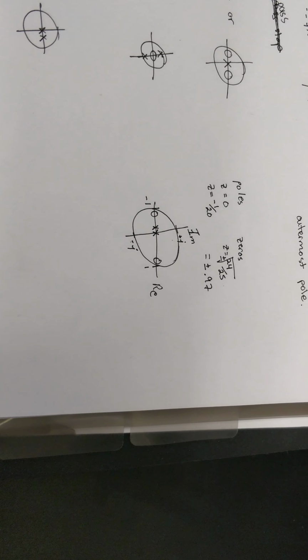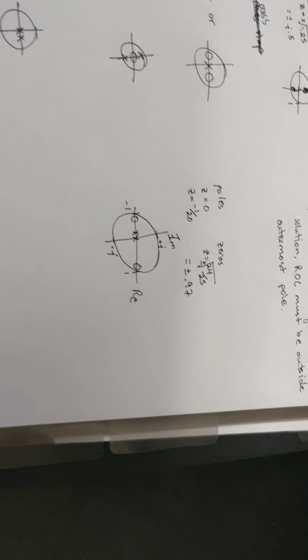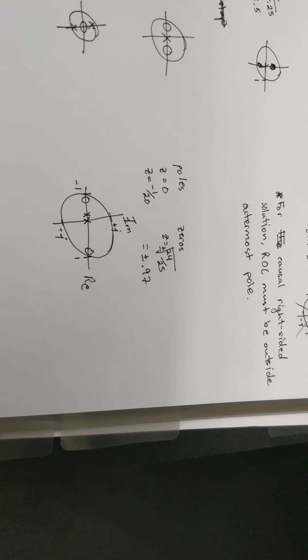As you can see, we have drawn our poles as x, and we have drawn our zeros as circles that look like a 0.